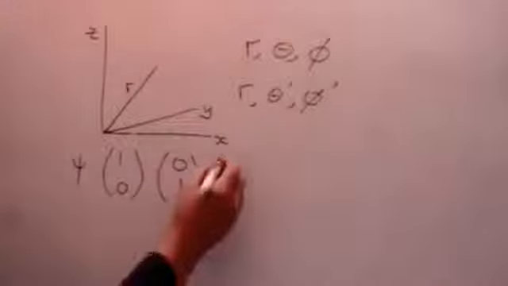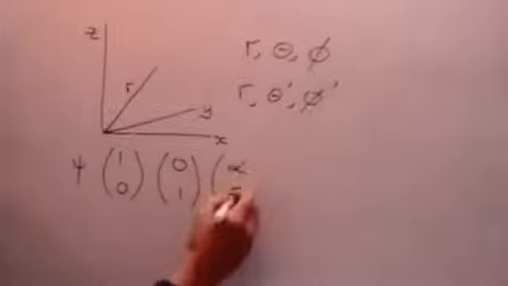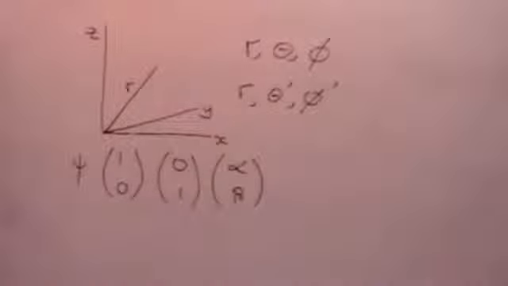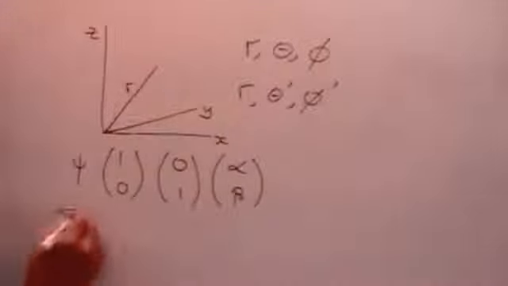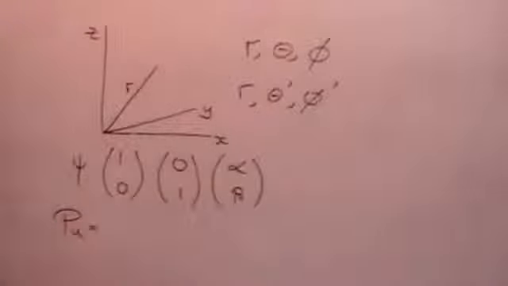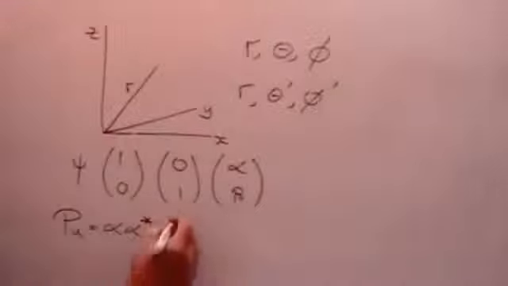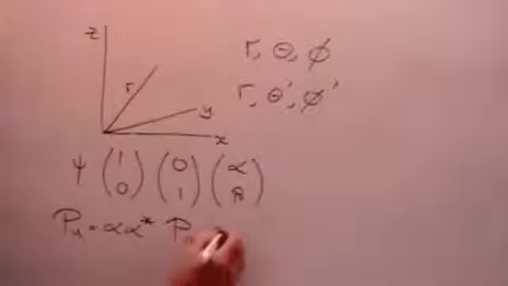And more generally, we could represent the spin state as (alpha, beta), where alpha is the probability amplitude of the spin being up, beta is the probability amplitude of the spin being down, and the total probability of it being up is alpha alpha star, because to get the total probability you have to take the probability amplitude and multiply it by its complex conjugate. And the probability of measuring down is beta beta star.